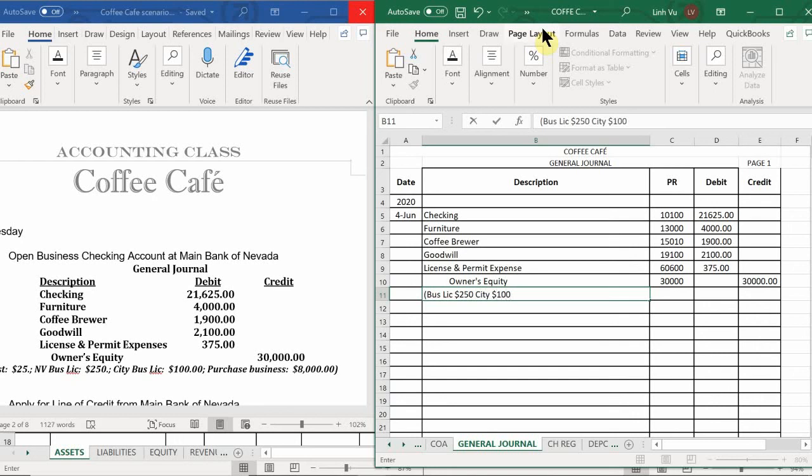Court was $25. And then I purchased business for a total of $8,000. Right? And then end my parentheses. So now that's the end of my description.